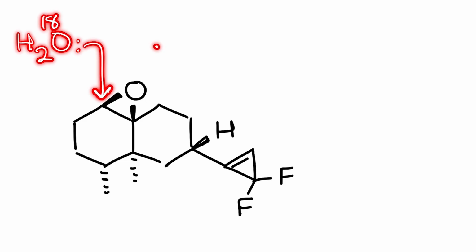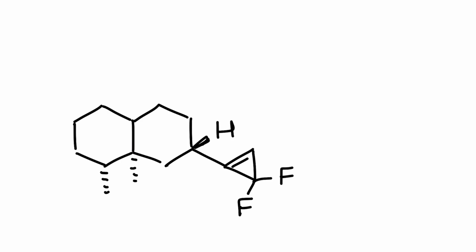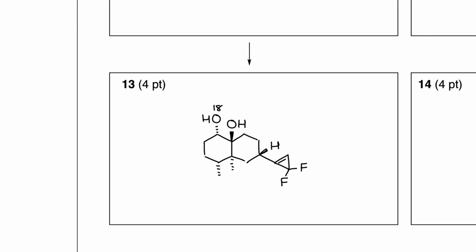Why? Because if we attack here, we will keep the stereochemistry here, and we will invert the stereochemistry here, so from a wedge into a dash. So that's just going to tell me that this one right here should be normal oxygen, and this one should be labeled oxygen, so oxygen 18. Nice.